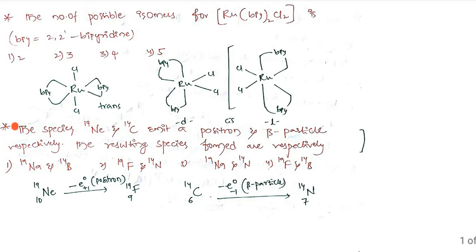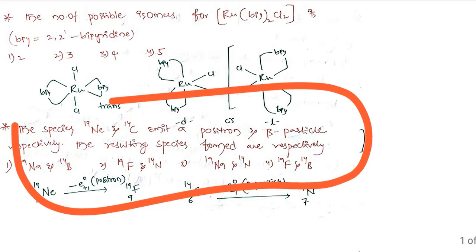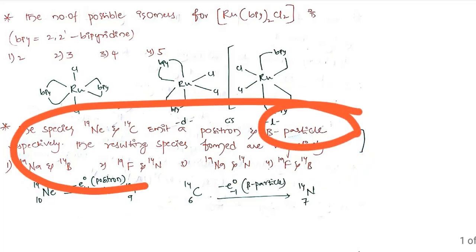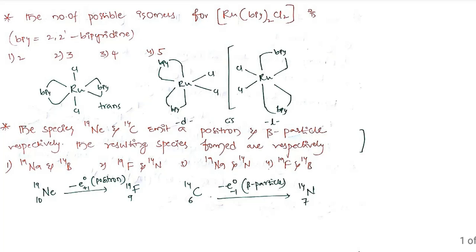Okay, next one: the species neon-19 and carbon-14 emit a positron and a beta particle respectively. The resulting species formed are... So first, from that neon nucleus, one positron is emitting. So positron is expressed like this. Whenever a positron is emitted, the atomic number decreases by 1 on the nucleus.